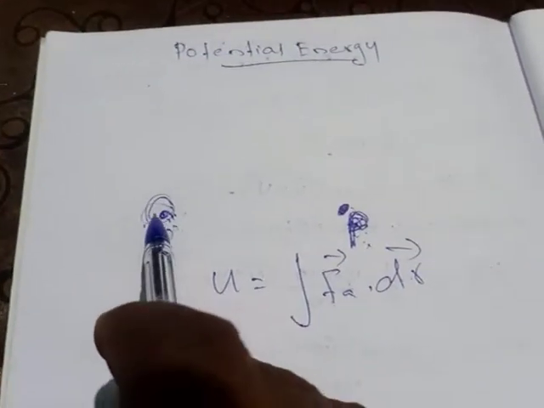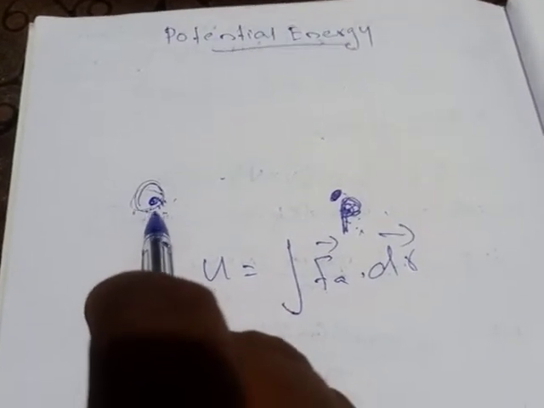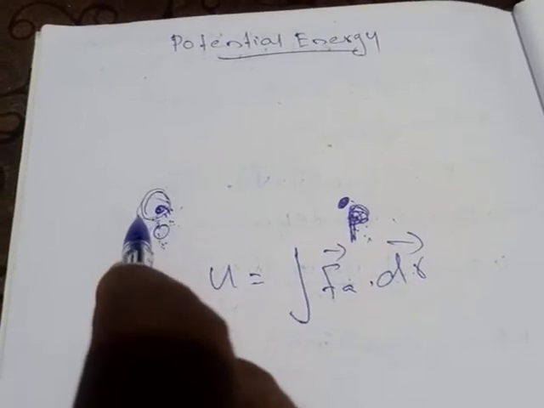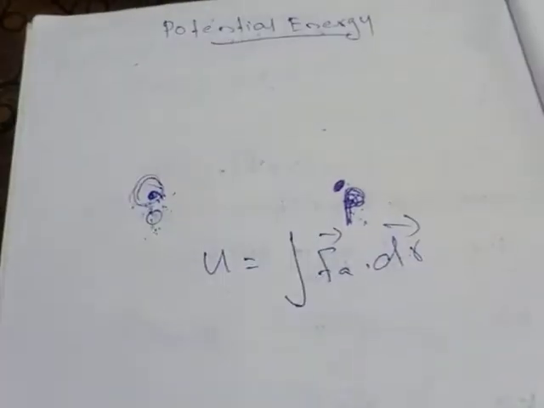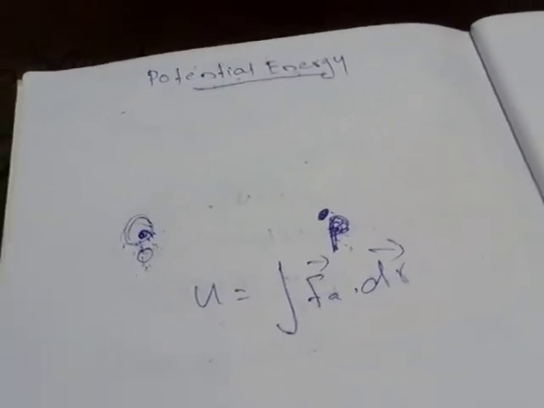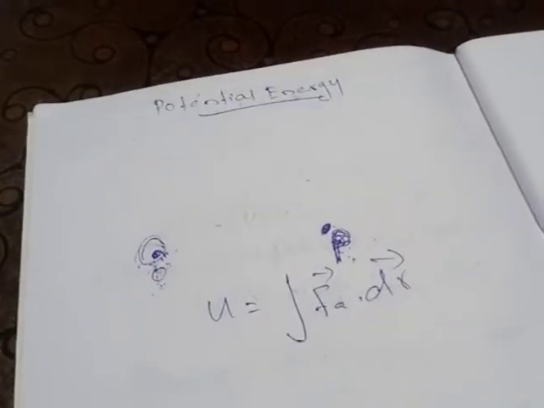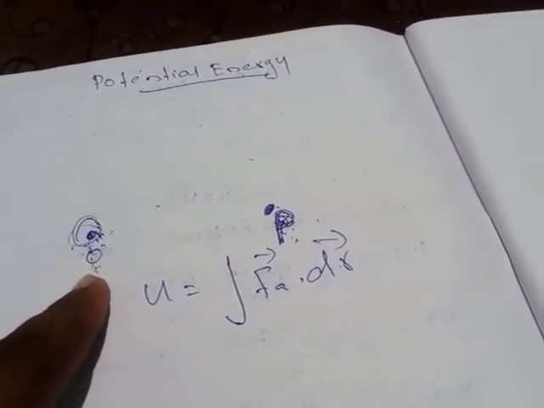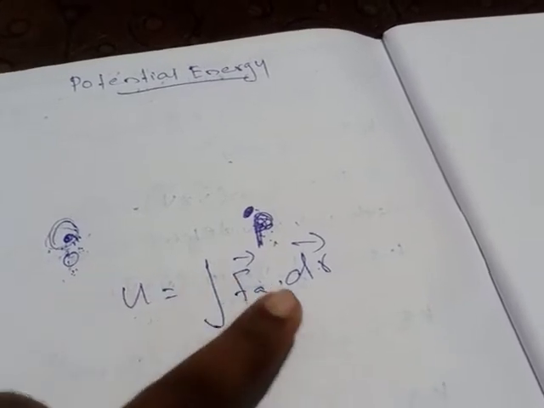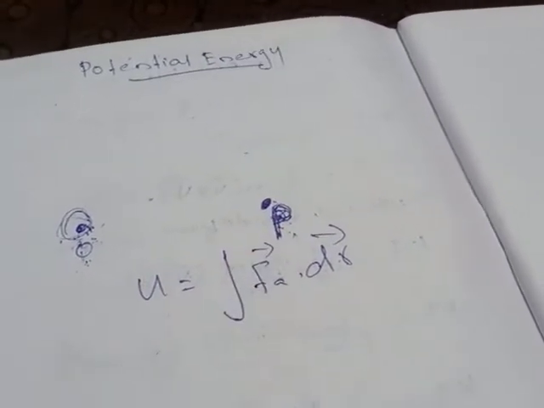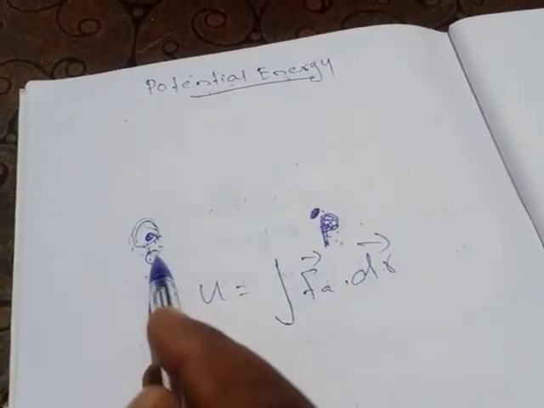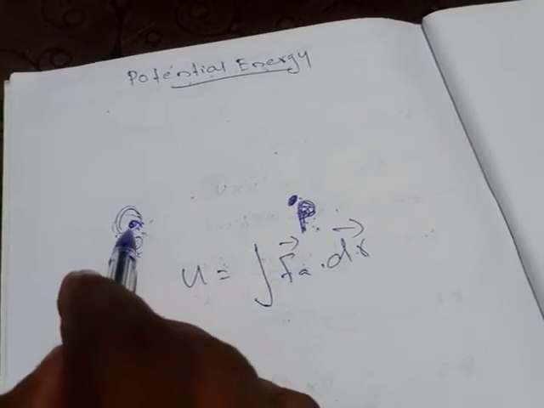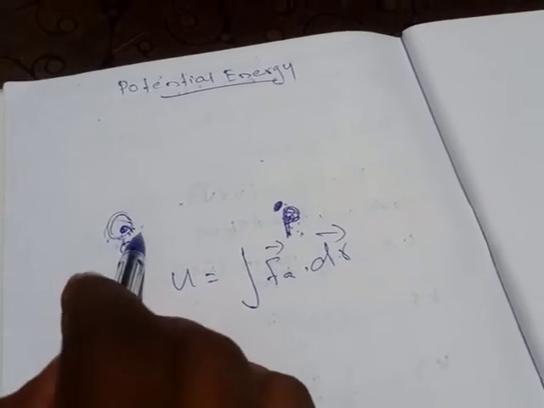Again I am saying, assume that one object is here at the point O, and at this point the potential energy of this object is 0. Now we are applying some external force to move this object from this point to the final point P. When we apply this external force, some work is done.